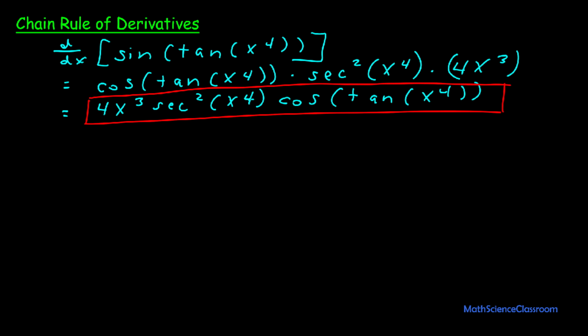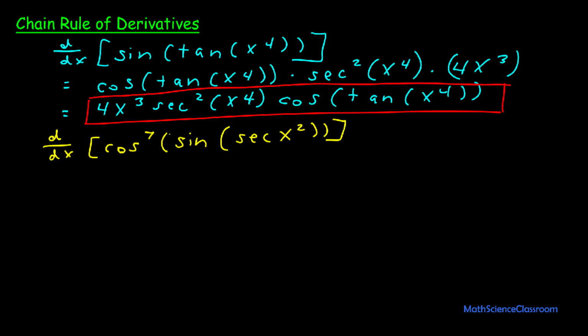Then let's try another. d dx of cosine to the seventh of sine of secant x squared equals d dx of cosine sine secant squared.